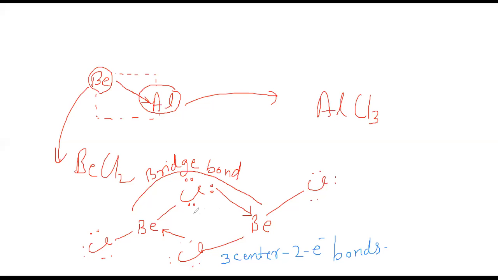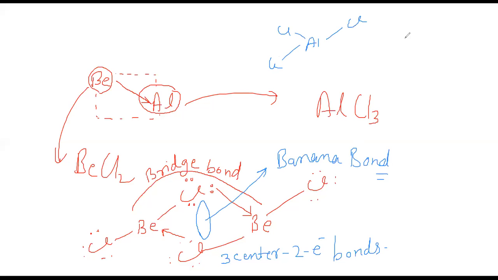Now, if I draw this bond properly, it will look like a banana, so it is also called a banana bond. Similar is the case with aluminum chloride. If you see AlCl3, it gives an electron here, it gives an electron here, and it forms a bridge bond. So this is the diagonal relationship.